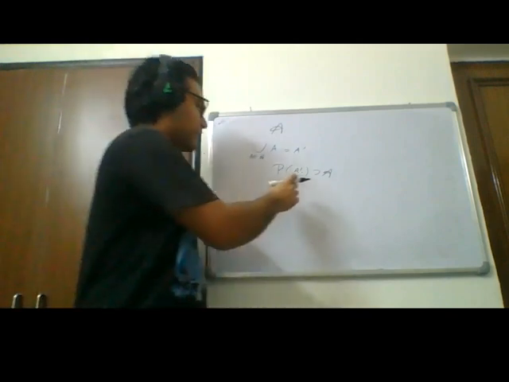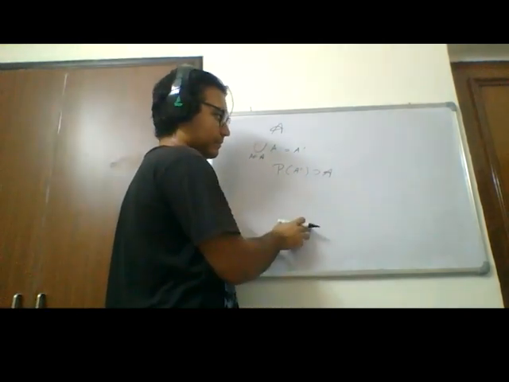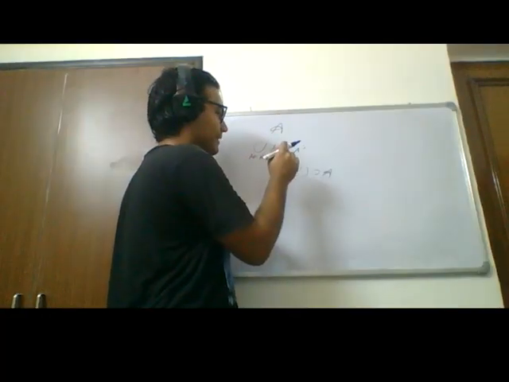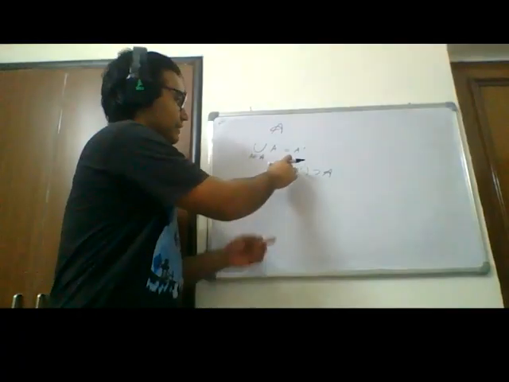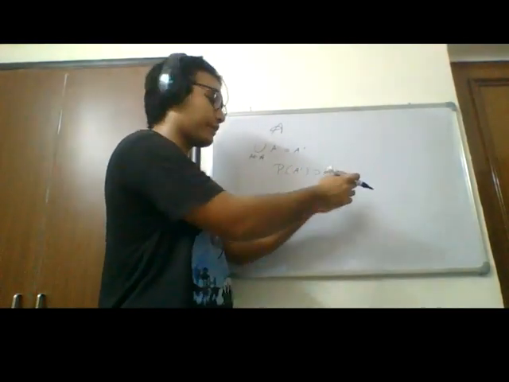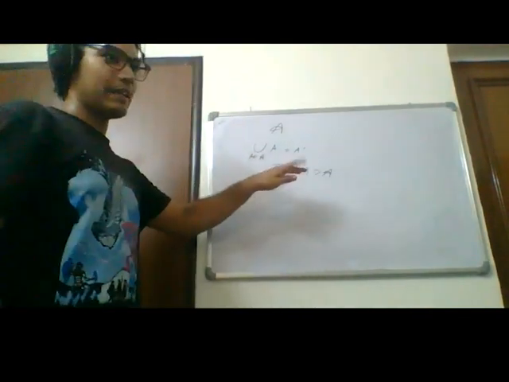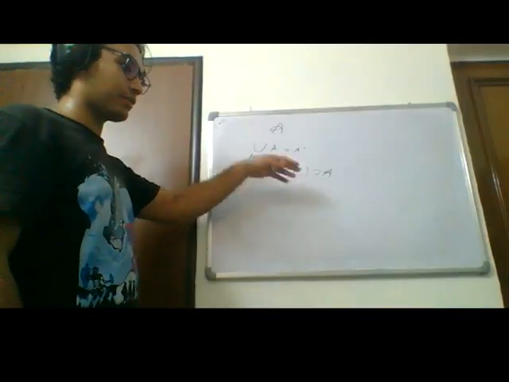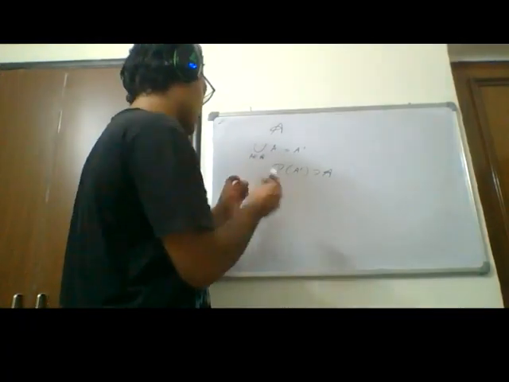Now, if we have a choice function from the power set of A to the collection A, since every member is going to lie in that, we can simply restrict the function and get the desired choice function. So one direction I showed, and the other direction is this. So they're equivalent.